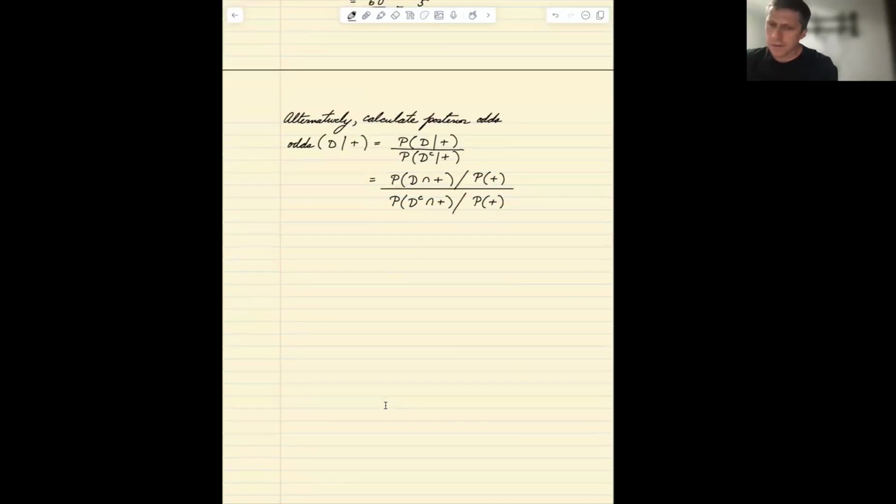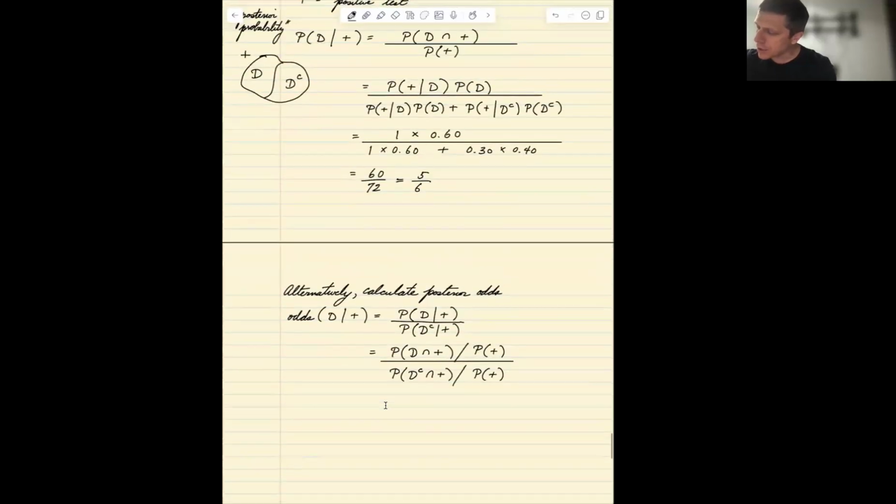But we can also then flip around the top, just like we did here. We used the multiplication rule.